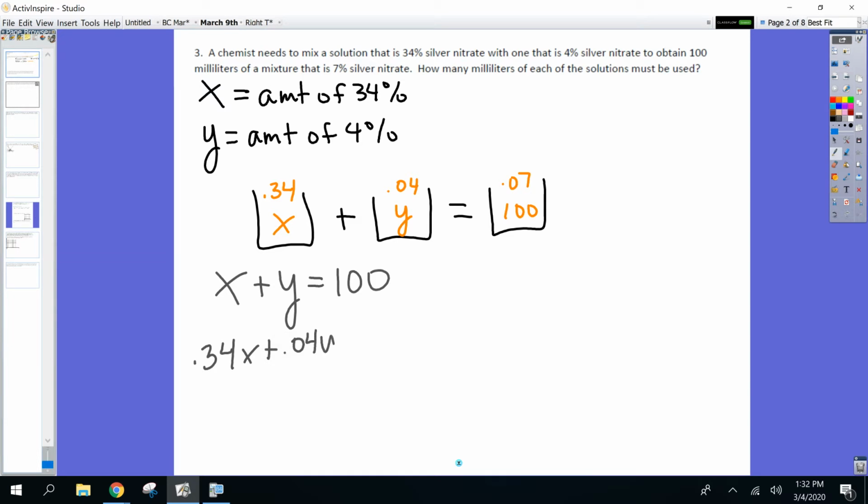And you got to be disciplined now. Doesn't equal 0.07. What have you guys been doing here with these? 0.34 times how much you have. 0.04 times how much you have. 0.07 times how much I have. 100. There you go. Got to be careful with that one.